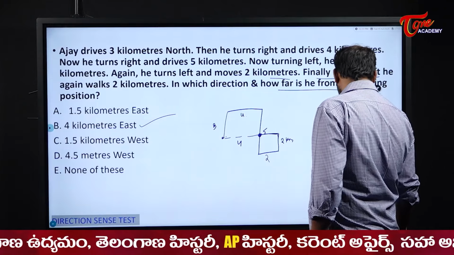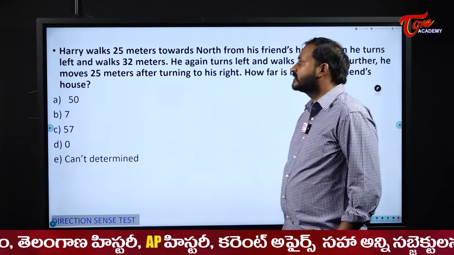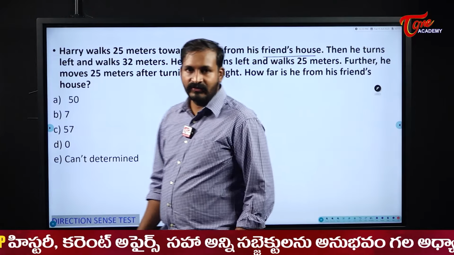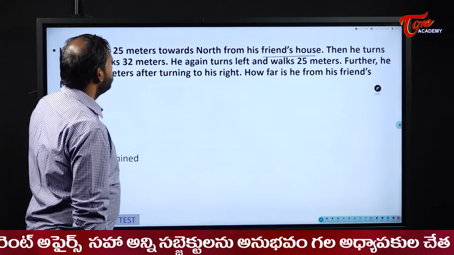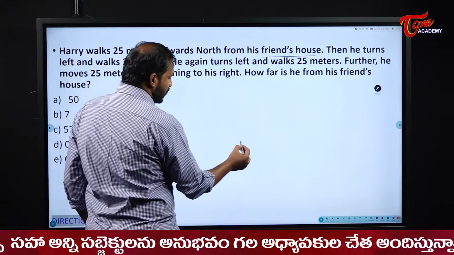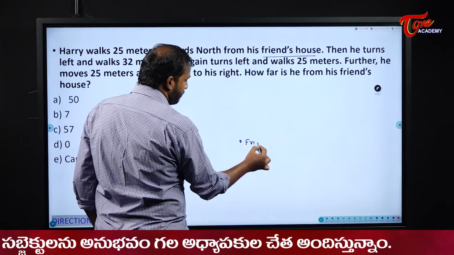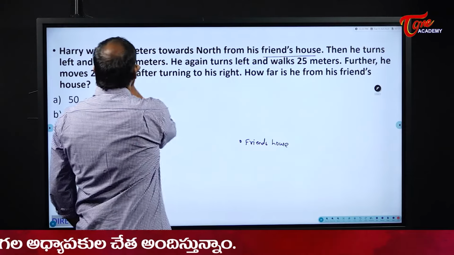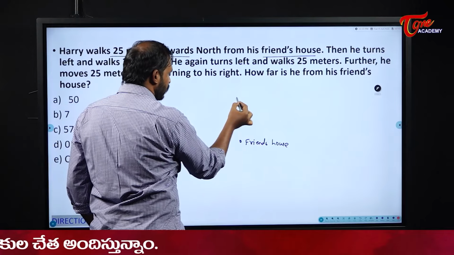Okay, right? Next one. Harry walks 25 meters towards north from his friend's house. Assume this is his friend's house. He is walking 25 meters towards north.